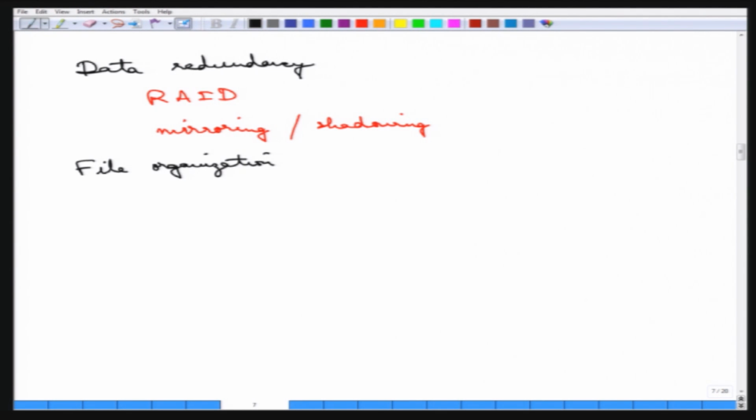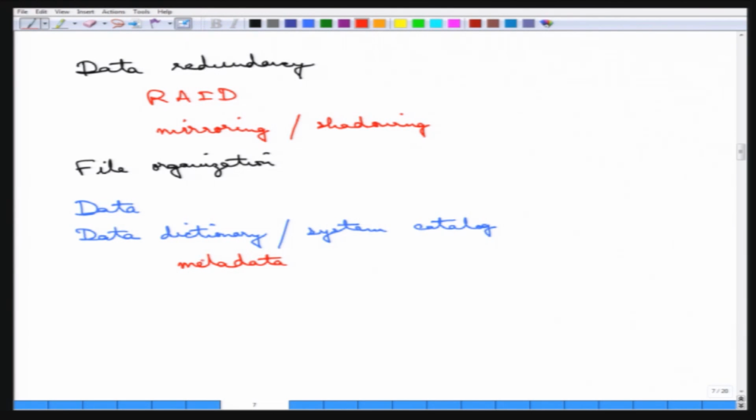The files can be stored in a sequential manner, or they can be hashed depending on the block address, etc. The database also stores data about the data, something called the data dictionary or the system catalog, which stores the data about data. The term for that is metadata. This is data about the data.